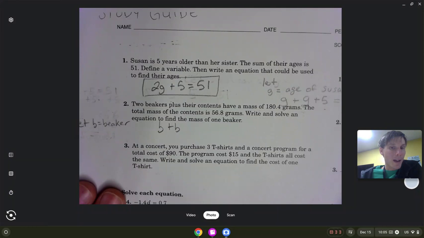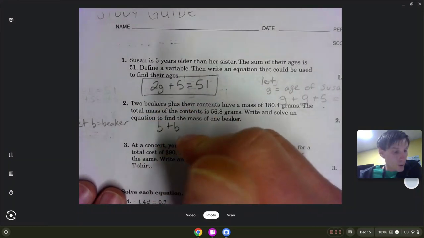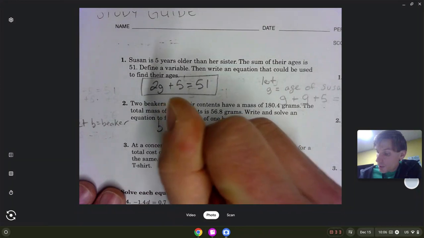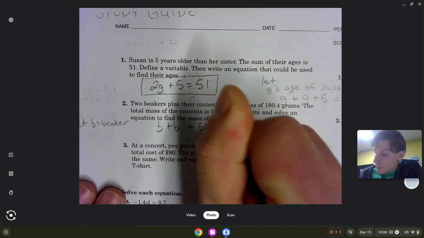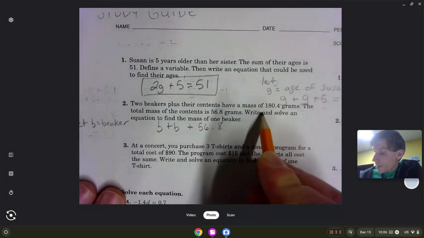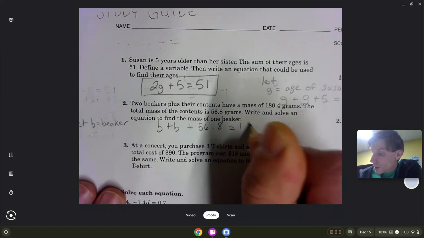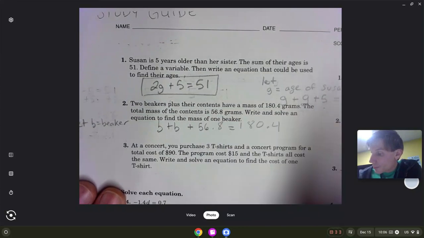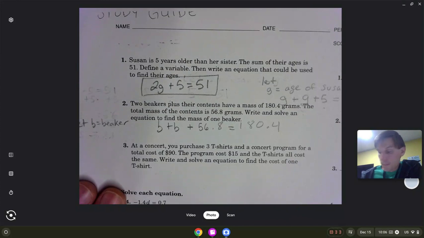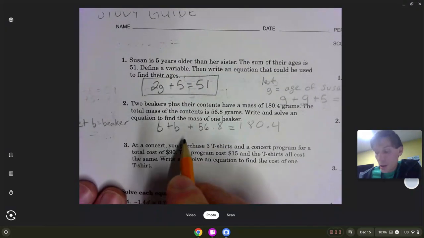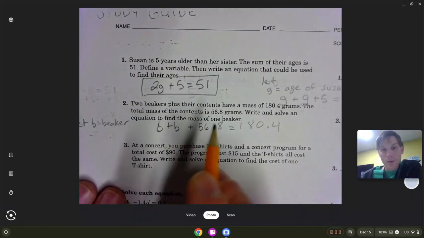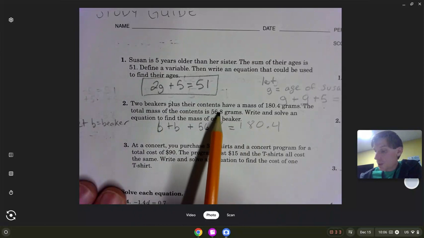And it says the total mass of their contents is 56.8 grams. So those added together, 2 beakers plus 56.8 grams is going to equal the total mass of 180.4 grams. Okay, so beaker plus beaker, because that's their 2 beakers, plus their contents, 56.8.